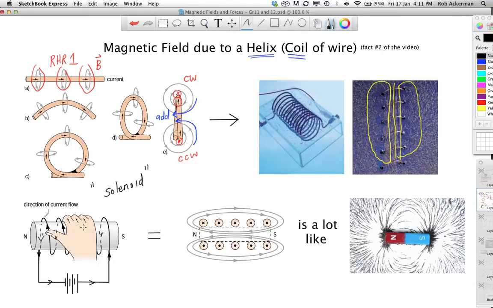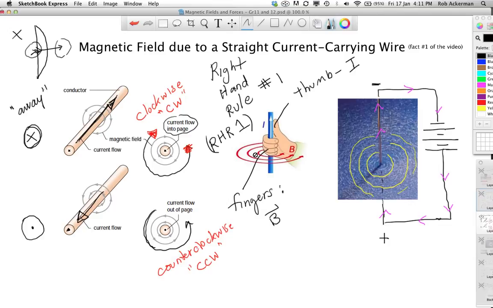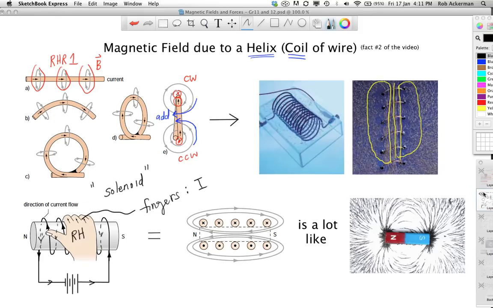And so here's what we do. We take our right hand, I'll draw this as RH, and this time the fingers go in the direction of the current. Remember, with right hand rule number 1, the fingers were the magnetic field. The thumb was the current. Now things are reversed.